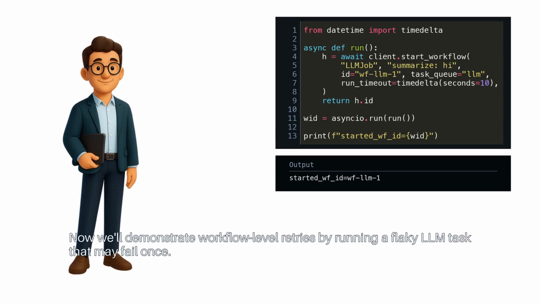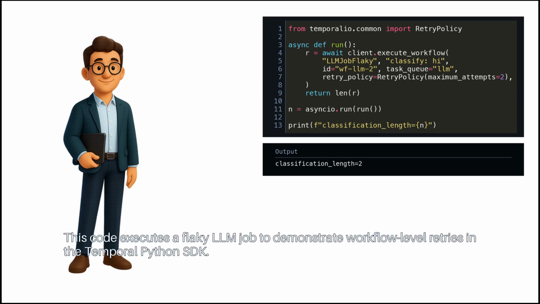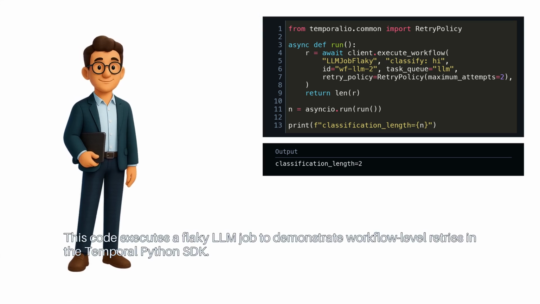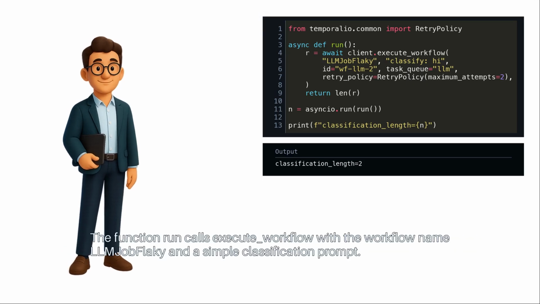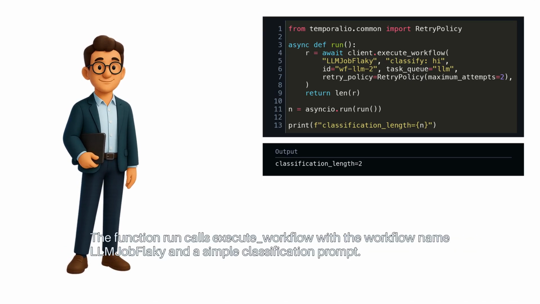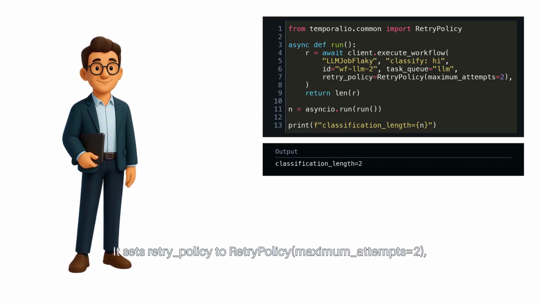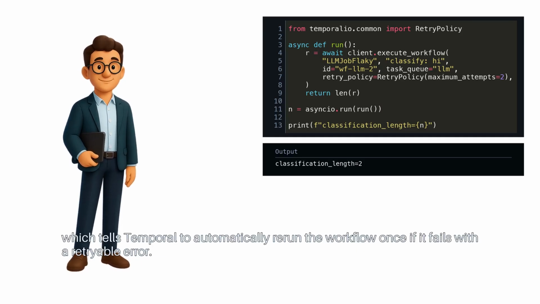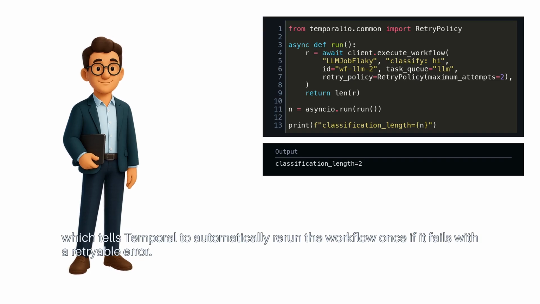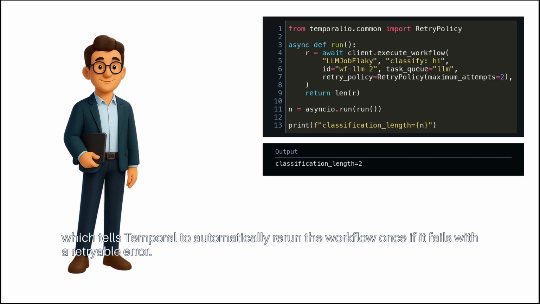Now, we'll demonstrate workflow-level retries by running a flaky LLM task that may fail once. This code executes a flaky LLM job to demonstrate workflow-level retries in the Temporal Python SDK. The function run calls execute_workflow with the workflow name LLMJobFlaky and a simple classification prompt. It sets retry_policy to RetryPolicy(maximum_attempts=2), which tells Temporal to automatically rerun the workflow once if it fails with a retryable error.